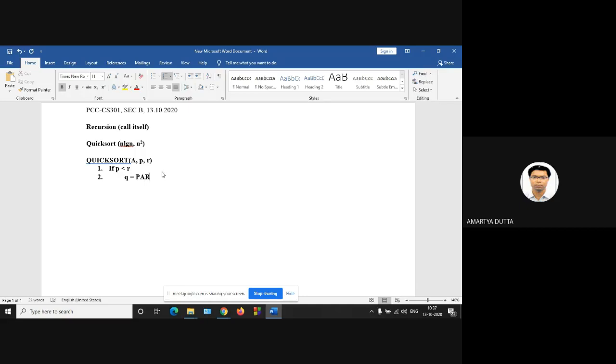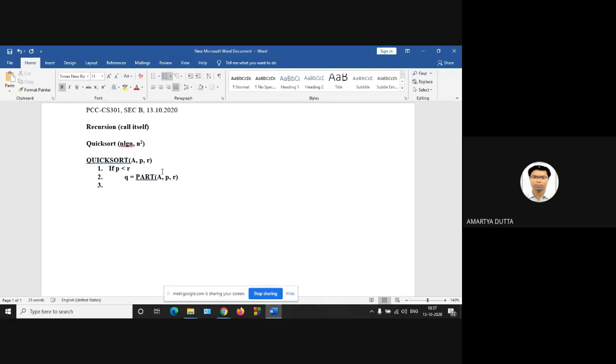Q is equal to partition of A, P, and R, which is stored in Q.